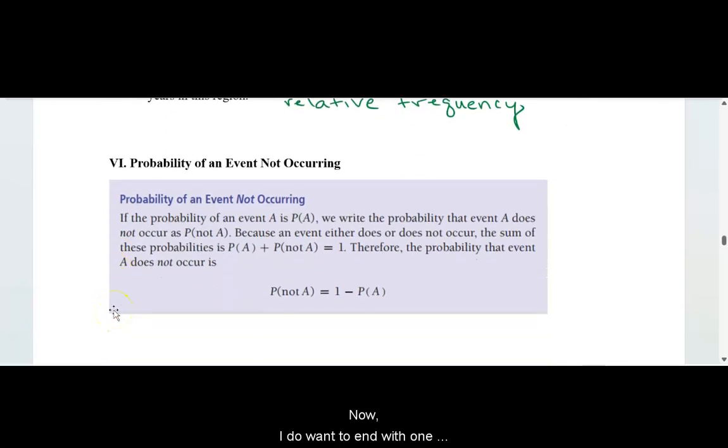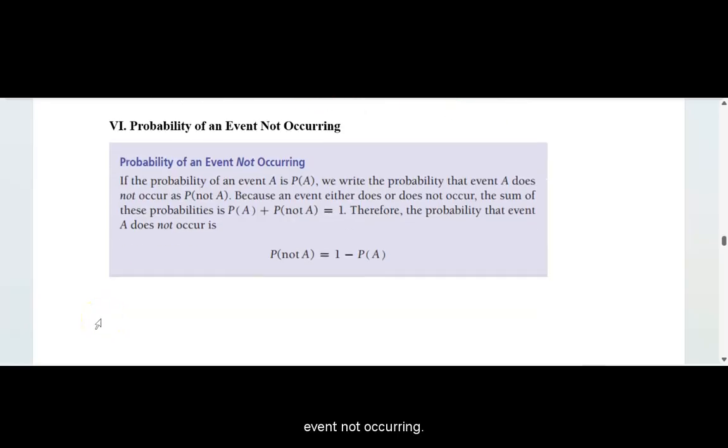Now, I do want to end with one more topic, which is the probability of an event not occurring. If you know the probability of A, the probability of the event, then the probability of it not occurring is the probability of not A. Because an event either does or doesn't occur, the sum of the probabilities is always going to be 1, or 100%.